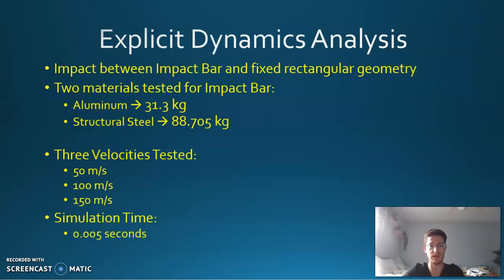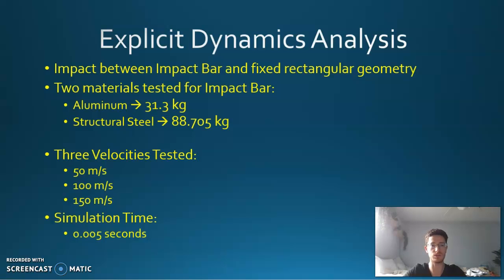For the test, I used velocities of 50 meters per second, 100 meters per second, and 150 meters per second, with a simulation time of 0.005 seconds. The main reason for this simulation time was that anything above that, the simulation was taking way too long, and sometimes the results would fail because it would deform too much, even for lower velocities.